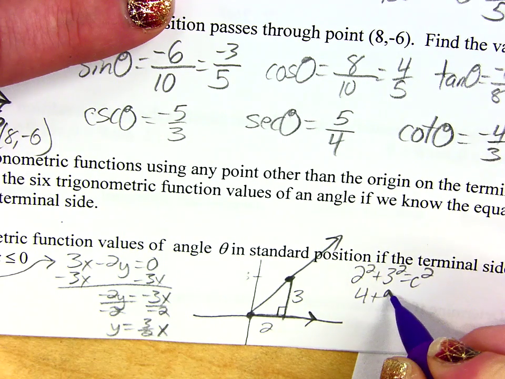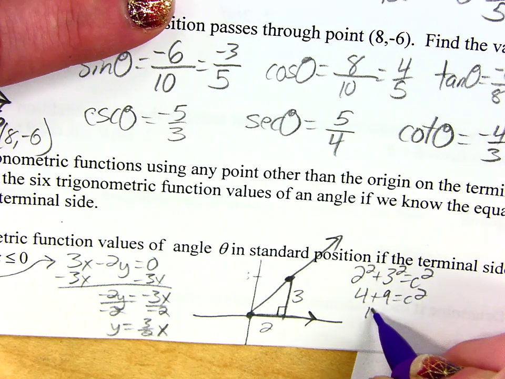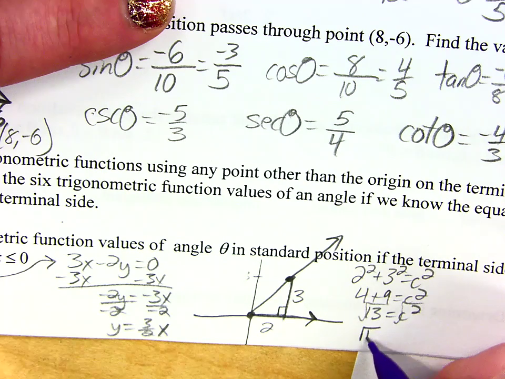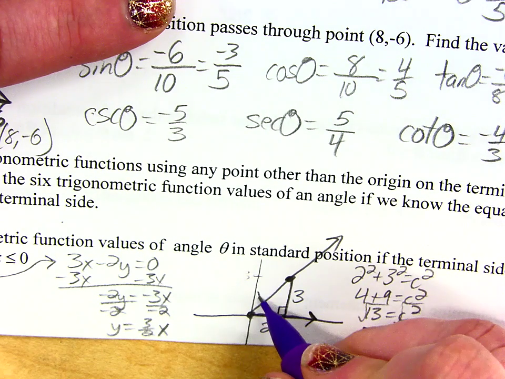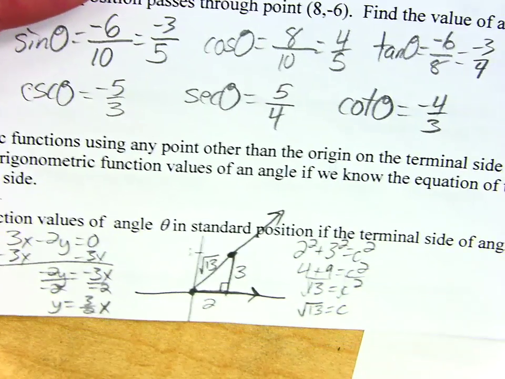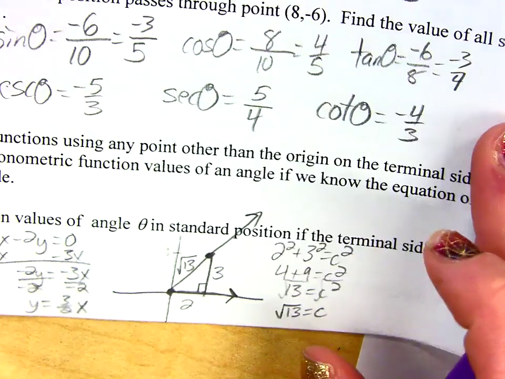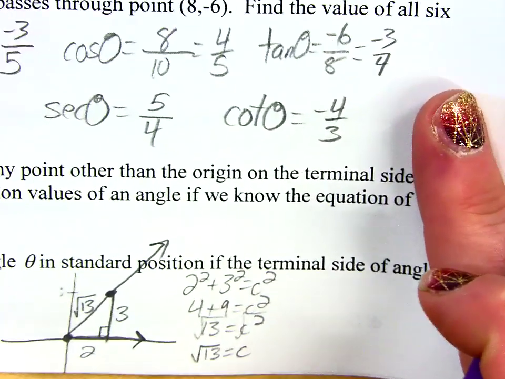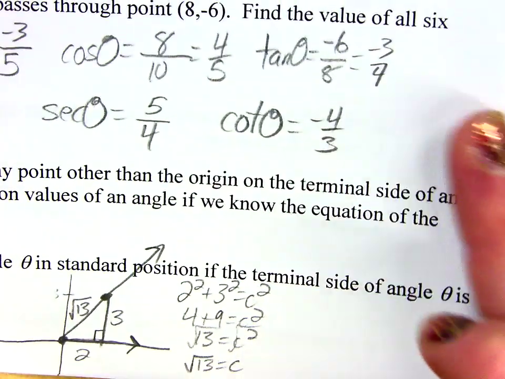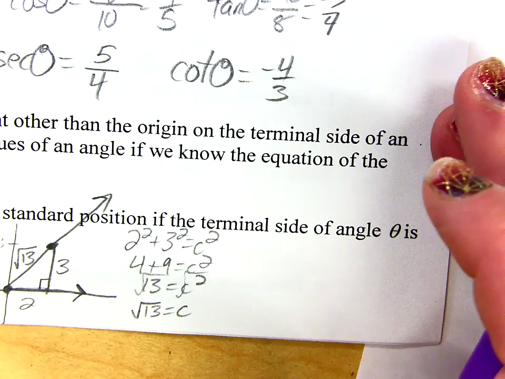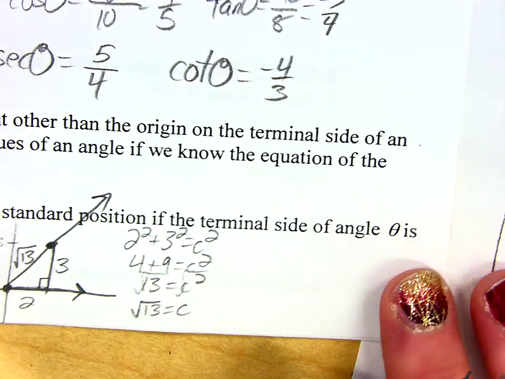So 4 plus 9 looks like I get the square root of 13. Does that make sense? Everybody's all right? Okay. I know I asked that a lot, but stop me if you don't know what I'm talking about.